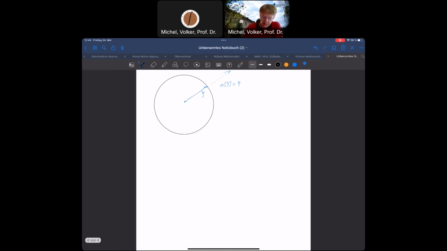People give it a name: some call it ER, other people call it epsilon R. It would simply be square root of 1 minus t squared times cosine phi, square root of 1 minus t squared times sine phi, and t. This is just a repetition of the formula, and it means that if you're at a point with polar coordinates t and phi, then its unit normal vector at this point is calculated this way.